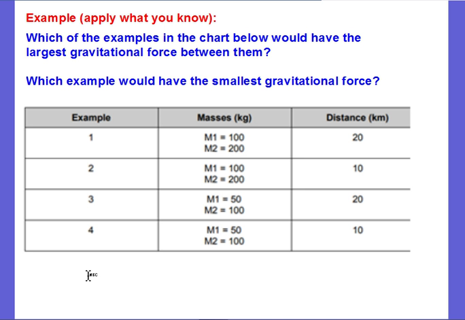The two things that have an effect on gravitational force are the masses of the objects and the distance between them. So first look at mass, then look at distance. I recommend that you pause the video now and see if you can figure out and understand which of these examples would have the larger gravitational force and which would have the smallest.